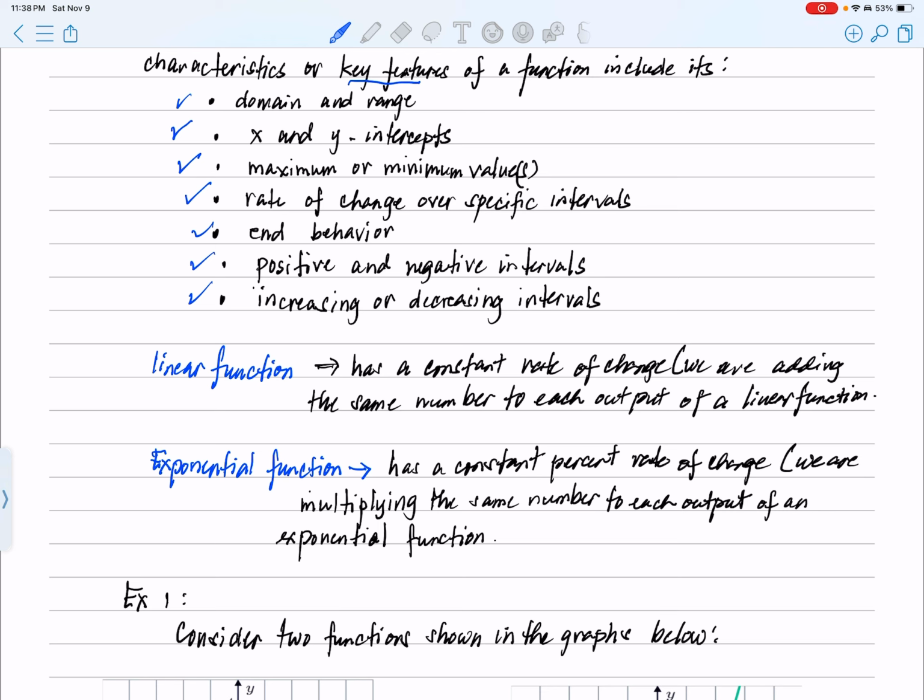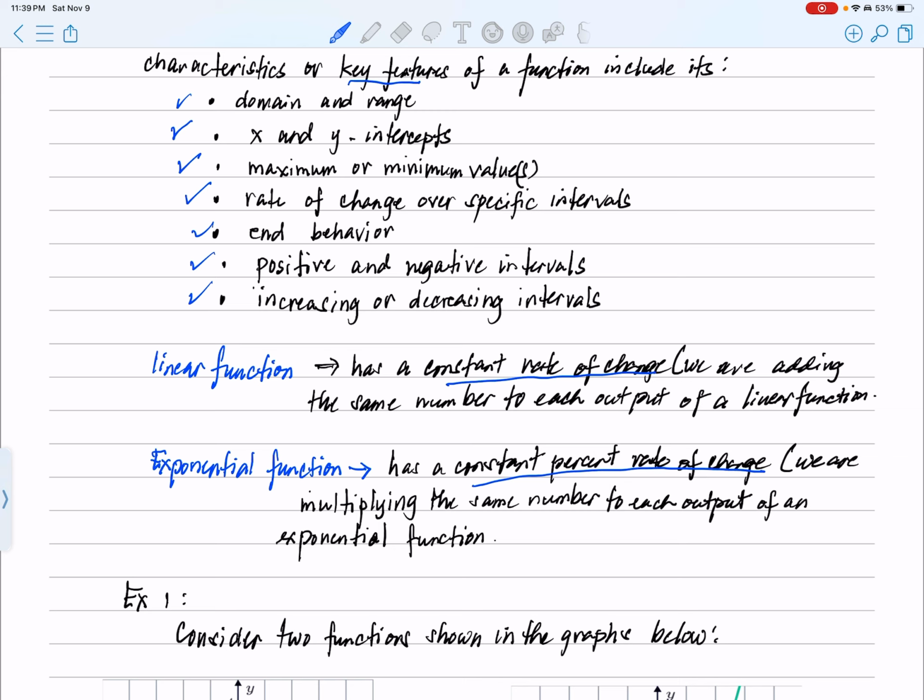By using the key features to compare the linear and exponential function, we could say that many of the features are similar, but the rates of change are different, because the linear function has a constant rate of change, while the exponential function has a constant percent rate of change.